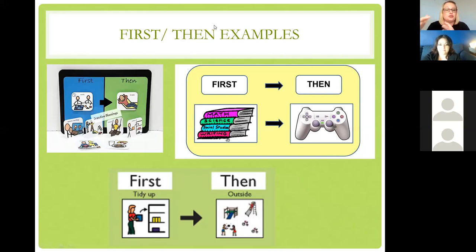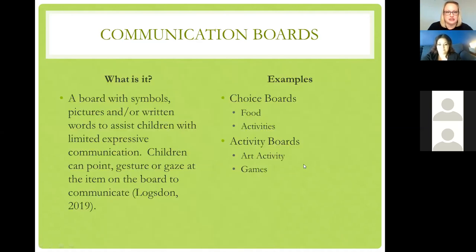But if you don't have something or you just want to try it out, if they're able to read it, some kids are going to be like, that's not what you put, or, oh, then you said that I get to do this, and that's not what was agreed upon. Or if you're good at drawing, you can sketch it real quick, like first work, and just put a picture of the worksheet or whatever, and then game, and make a picture of the game board or something super fast. But it can just be as simple as using sticky notes or a paper that you have next to you. It doesn't have to be fancy.